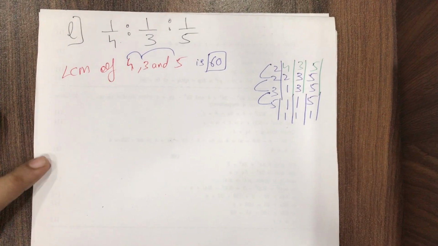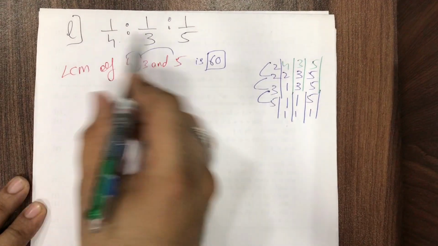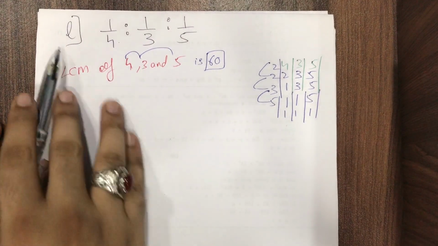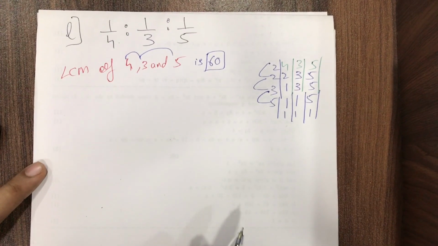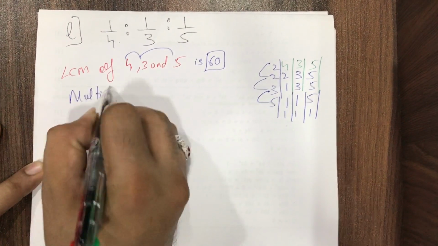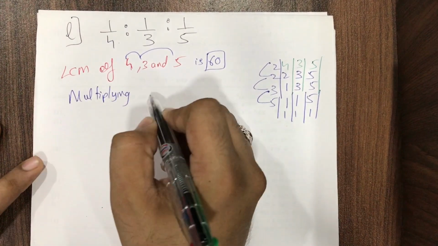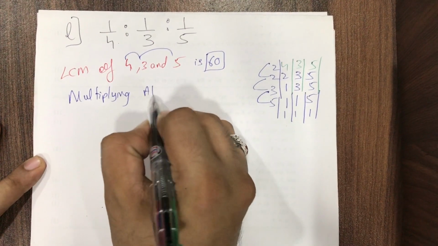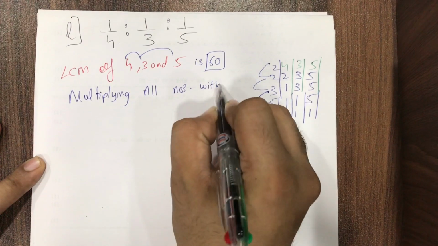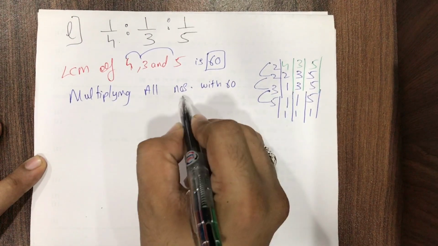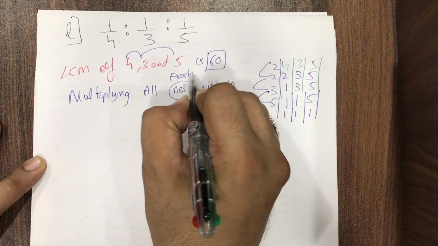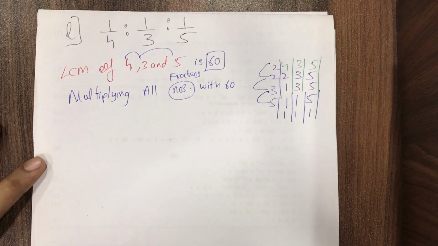Okay, so now to reduce this, we have to make it in the simplest form. I'll multiply all the fractions by 60. The LCM of 4, 3 and 5 is 60, so multiplying all numbers, or all fractions, with 60.